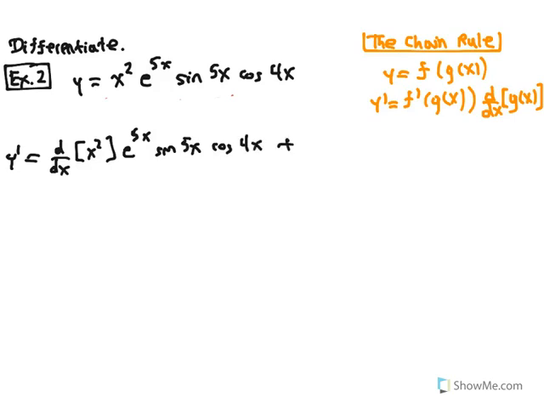Add to that the second term, in which we will have the derivative of the second function multiplied by the first, the third, and the fourth functions. Add to that the third term, in which we will have the derivative of the third function multiplied by the first, the second, and the fourth functions.